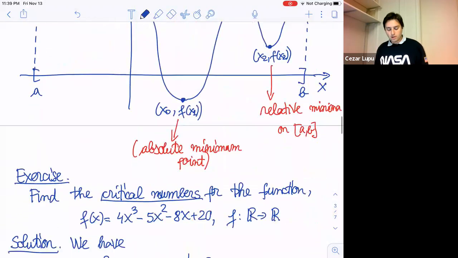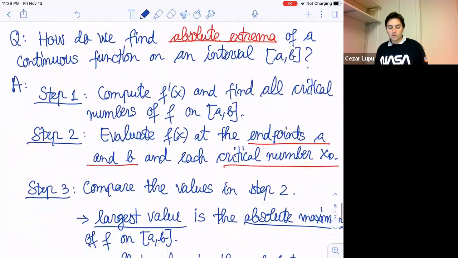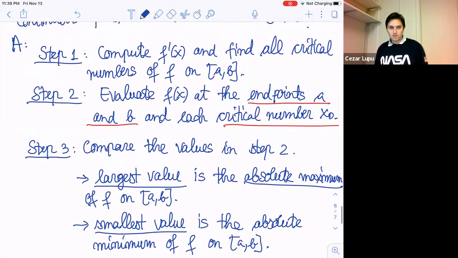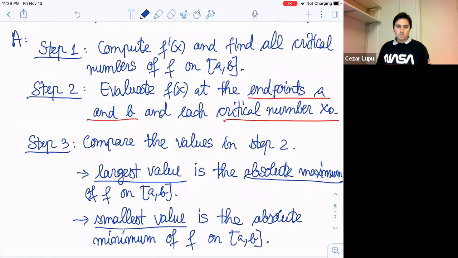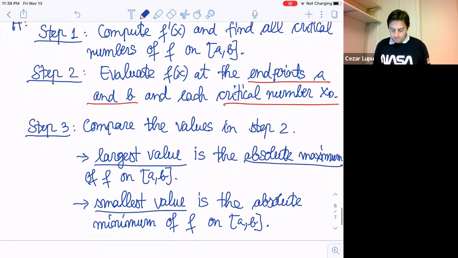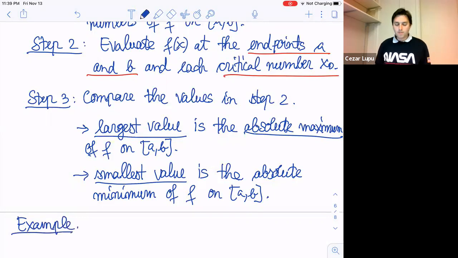Now let me give you an example. I want you to see how this algorithm works on an example. Let me consider the following function.